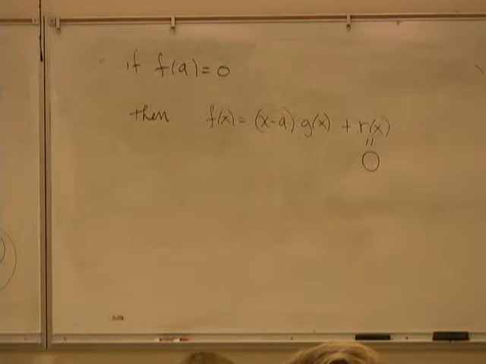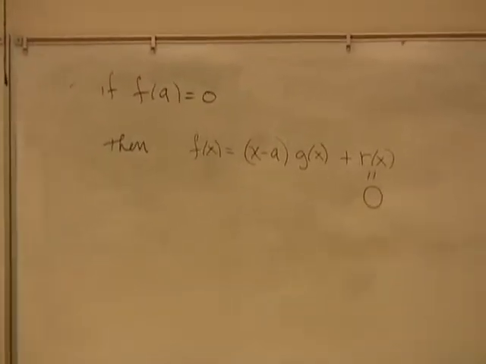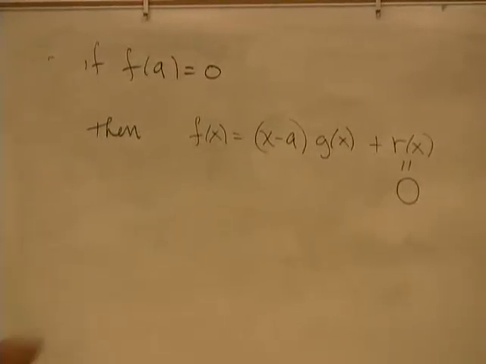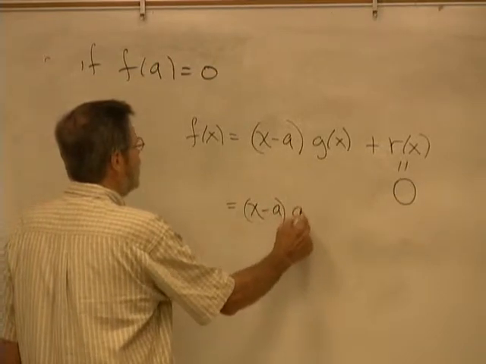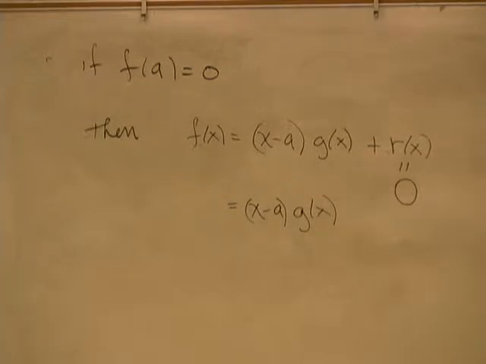Right? If f of a equals 0, r of x equals f of a, so r of x is 0. And that means that you can write f of x as x minus a times g of x if f of a equals 0.